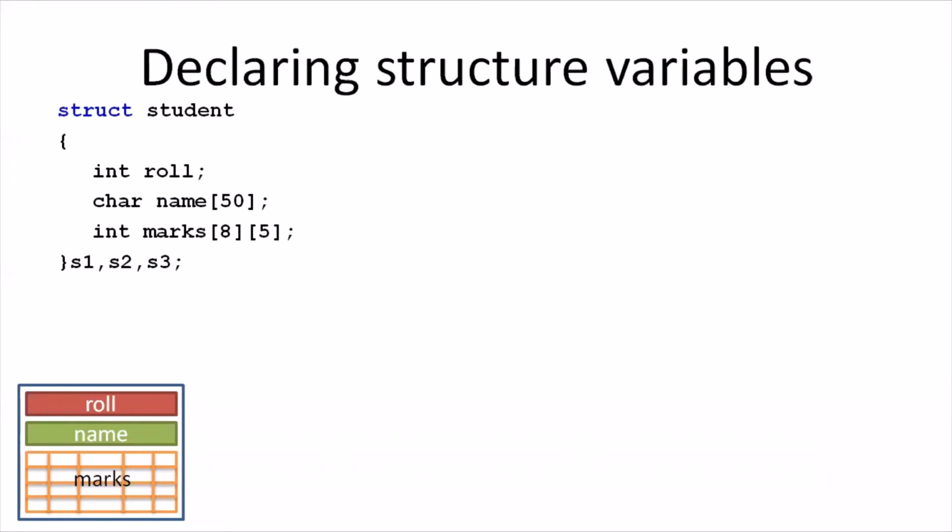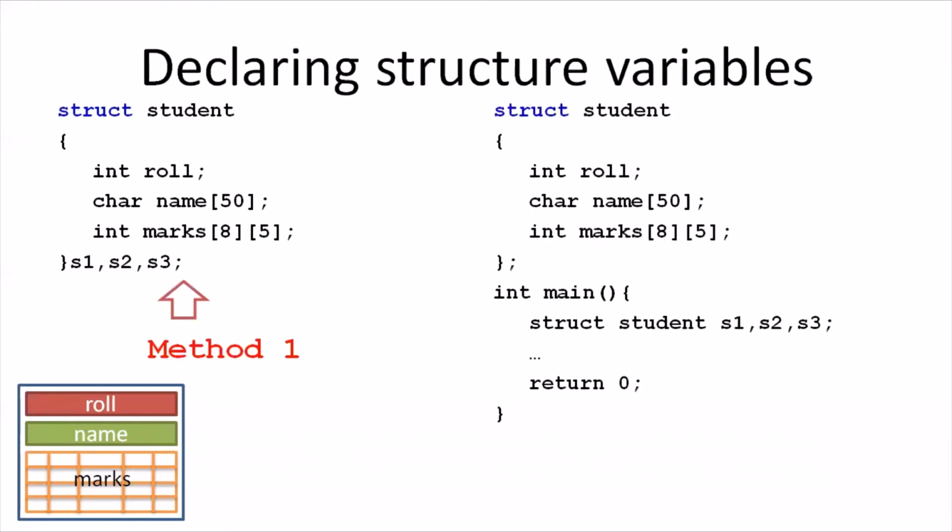In the second method, we can write struct student, that is the user-defined data type, inside the main function followed by the list of variables, just like we do in case of system-defined variables. Like we can write int i, j. Now, instead of int, we write struct student because that is the user-defined data type. And following struct student, we can write the variable names as s1, s2, s3, etc.